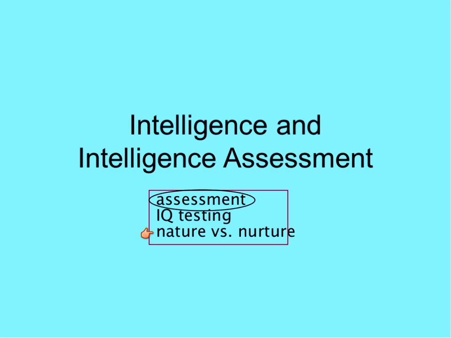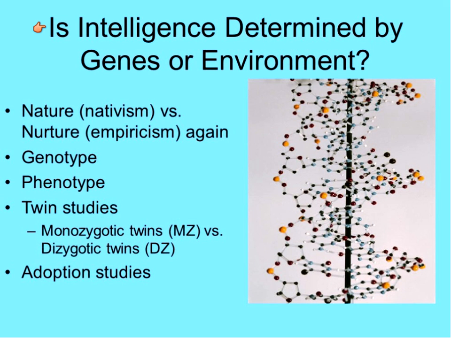The question I want to frame for you at the top here is: is intelligence determined by genes or environment? Do we think it's genes or do we think it's environment? This is the nature versus nurture, nativism versus empiricism debate that we framed back on day 1 of the class.